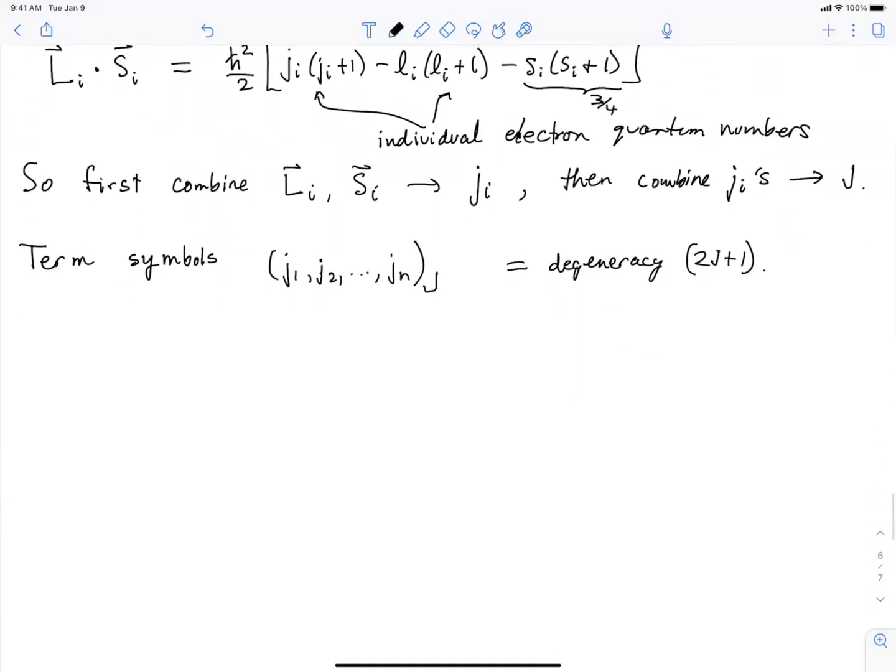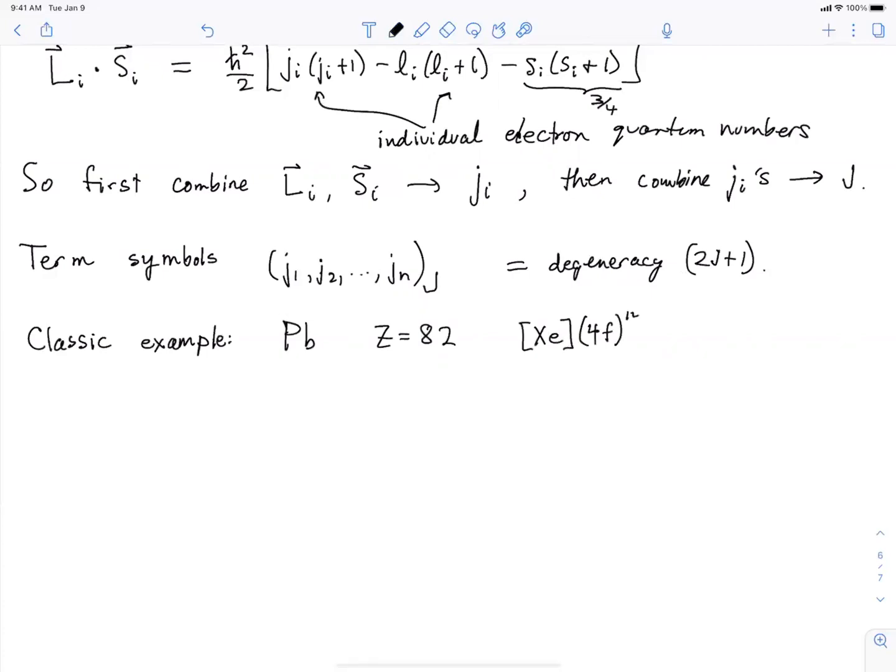Okay, so the classic example of this is lead. Nice large Z, nice large atomic number. So lead has atomic number 82. And if you fill out your electron configuration, you find out it's the same as xenon, and then you put a bunch of electrons in the 4f, and the number you can fit in a 4f is 14.